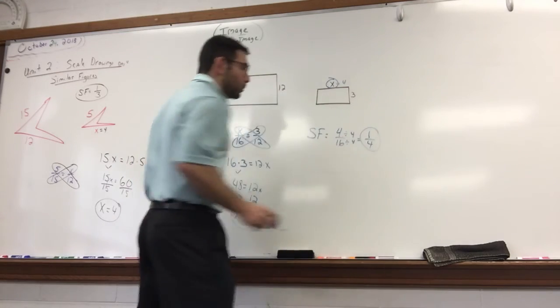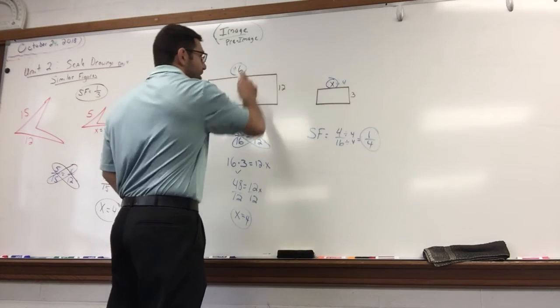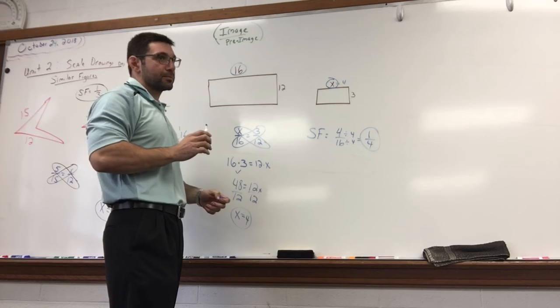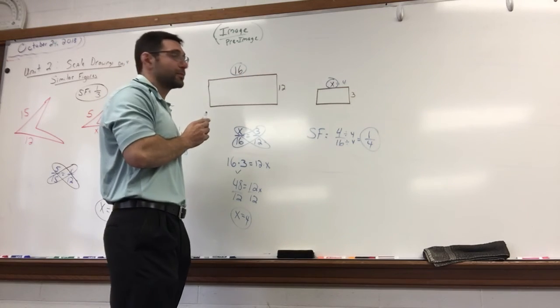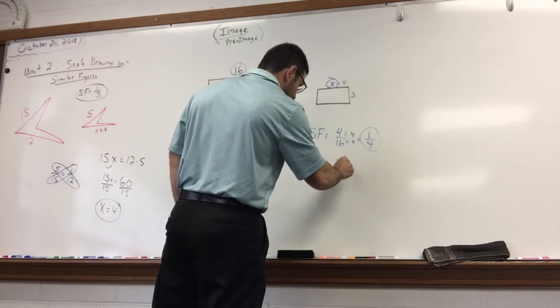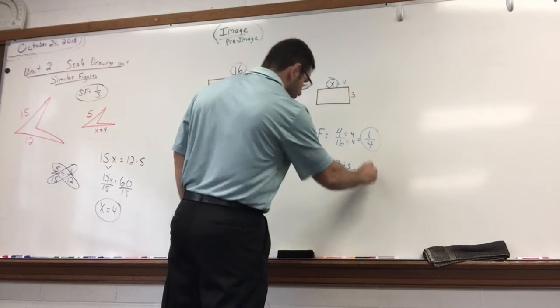That works, but what other one do I need to check? If I did 4 over 16, what else do I need to check, Tyler? 3 over 12. And I can divide each by 3. That gives me 1 over 4.